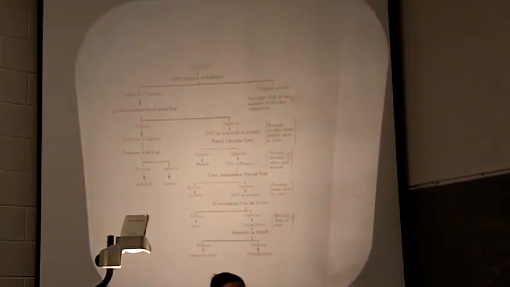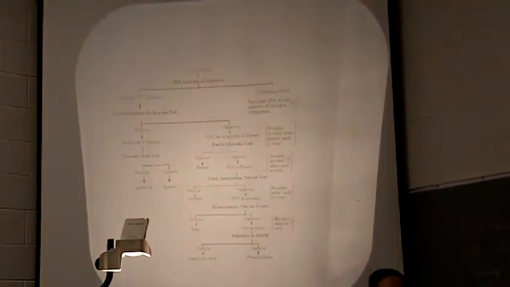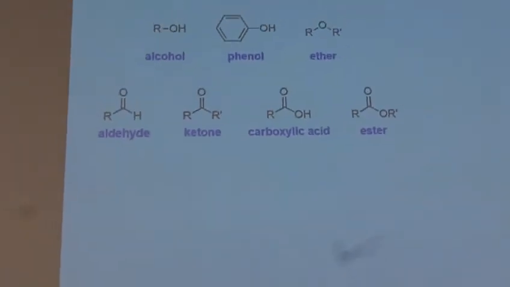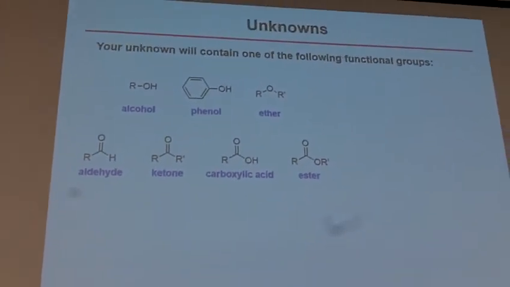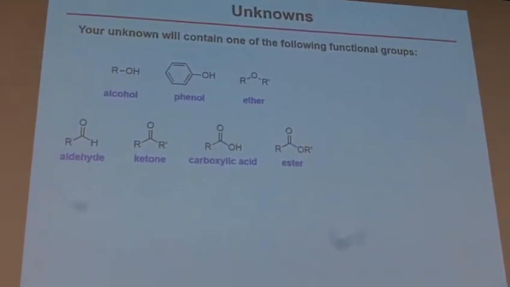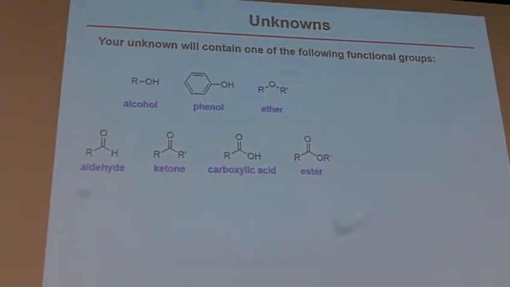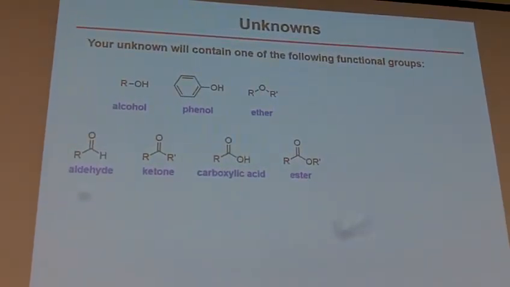So experiment 18, you have an unknown similar to what you had with experiment 6. Everyone's going to get a different unknown, and then it's your job to figure out what unknown you have. We're going to go about it with some similarities to experiment 6, but also some differences.